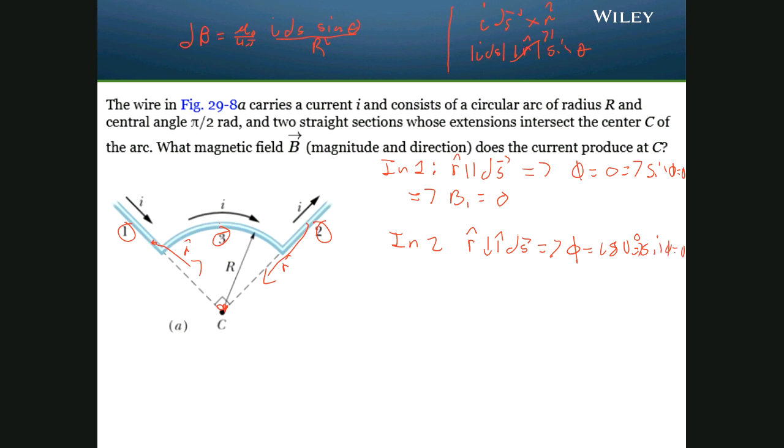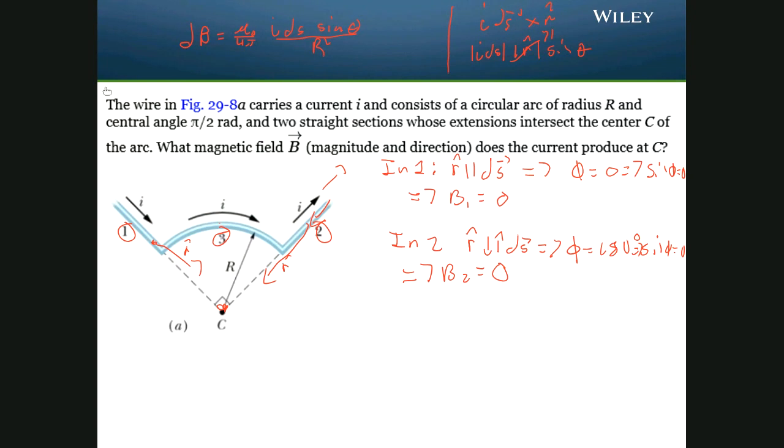If you look here, you have your current going this way and dr, or your r hat vector, going the other way. And then again, this implies that B2 is equal to 0. So just looking at 1 and 2, is everyone with me so far? Any questions on that? Nope, it makes sense? Good.